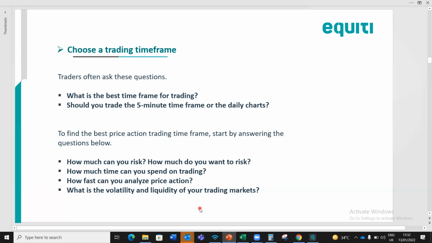Let's give an instance that you want to spare just 2 hours every day to trade. Within those 2 hours, if you choose not to leave your trades for long term, it simply means that you want to be a scalper.